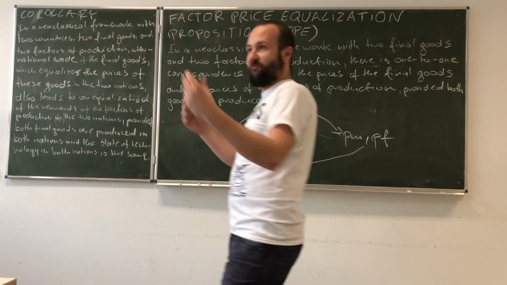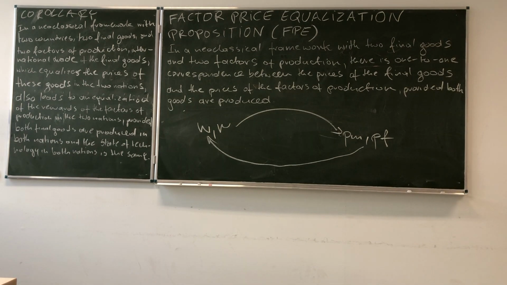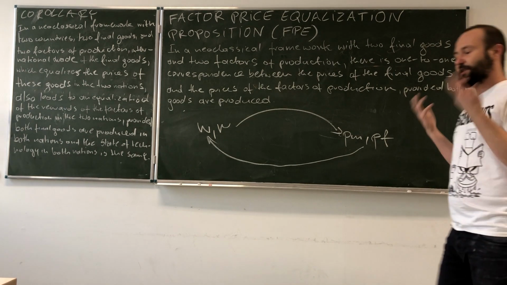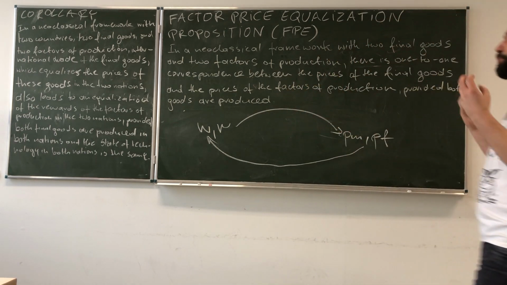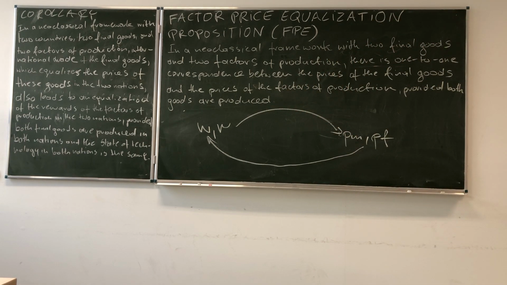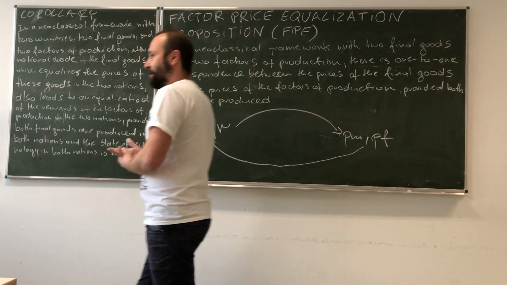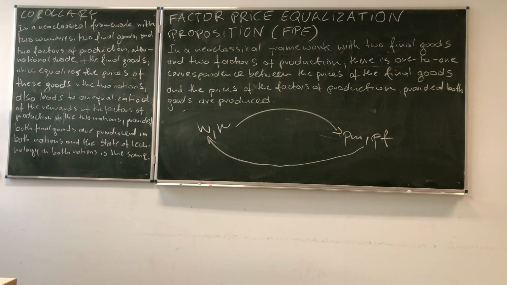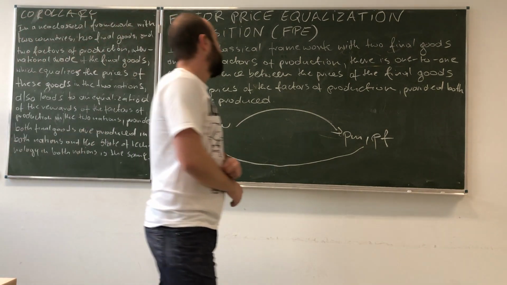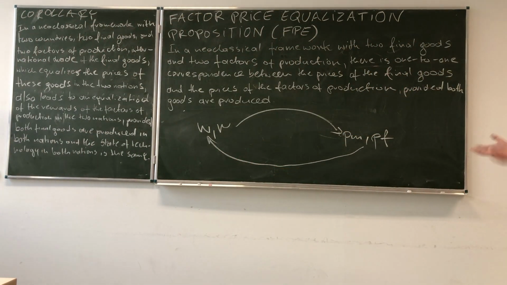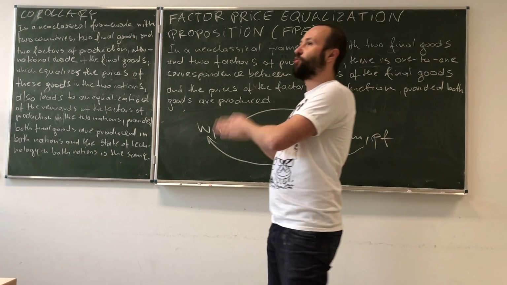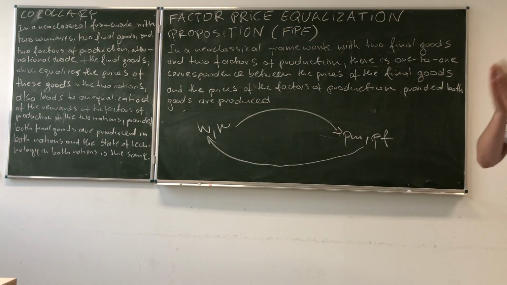Look, we can very easily imagine that if we have two separate countries that do not trade with each other at all, the prices of different goods will actually differ between these two countries. But once there is international trade, due to arbitrage, if the price of one good is higher in one country than in the other, the rational thing to do is buy where it's cheap, sell where it's more expensive.